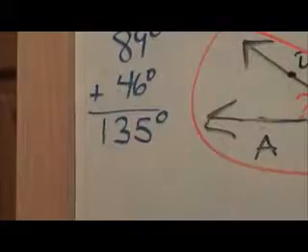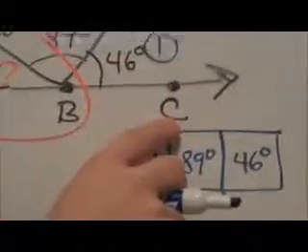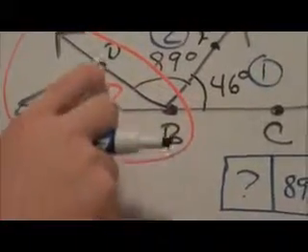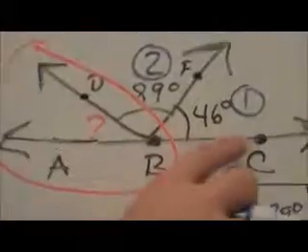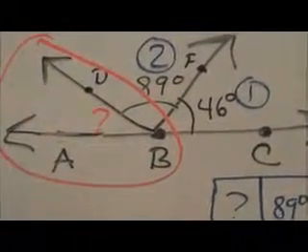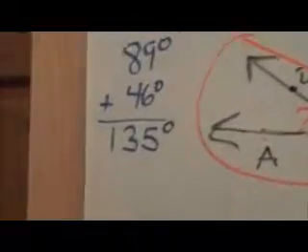I should have 135 degrees in my angle CBD. Let me show you this again. Angle DBC should have an angle measurement of 135 degrees.